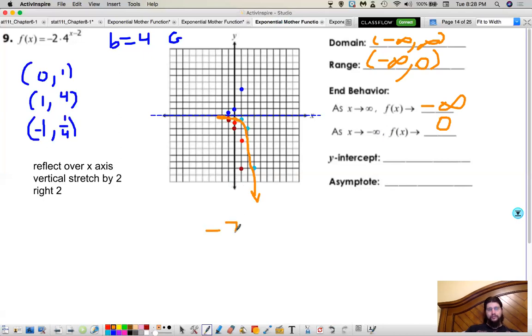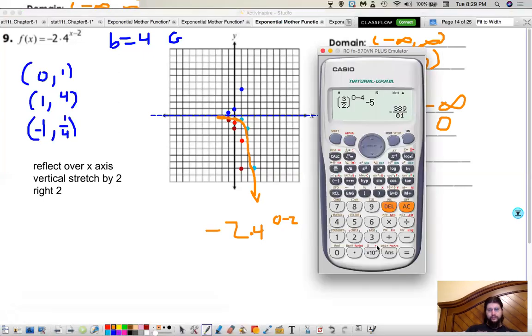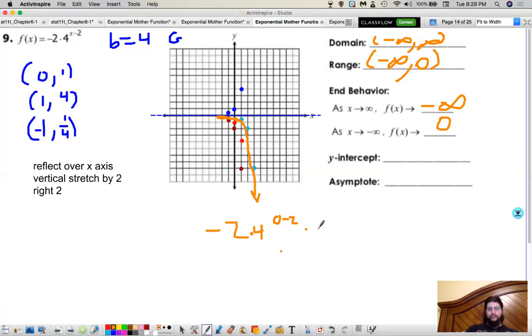Y-intercept, figure it out. Do that, that's -1/8, right? -1/8, yeah.